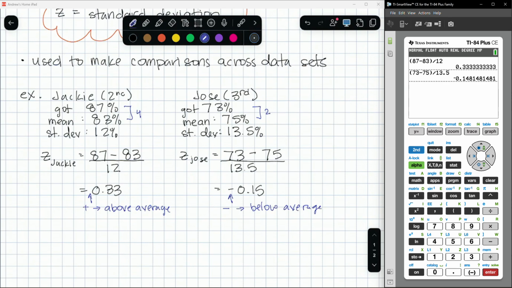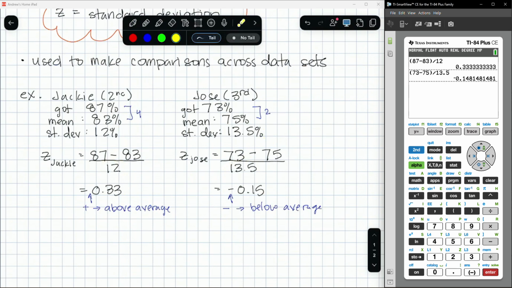I can actually see based on her distribution and how spread out her data was versus how spread out his class was, 0.33 is actually a little bit more than double 0.15. That gap of 4 is more impressive because that range was less spread out about the mean. And so her bigger difference is even more impactful than a big difference in a distribution that is already really spread out.